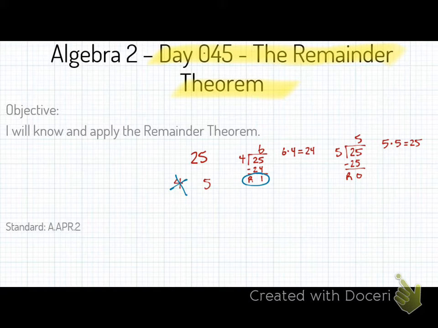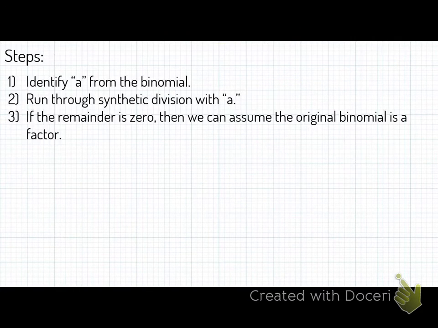But instead of doing that extra work, I could just look at the remainder and see that it's 0. So yes, this is definitely a factor. Is 5 a factor? Yes, it is, because there's no remainder. Alright? Let's have kids write down the steps here. Let's have the teacher please pause the video here.